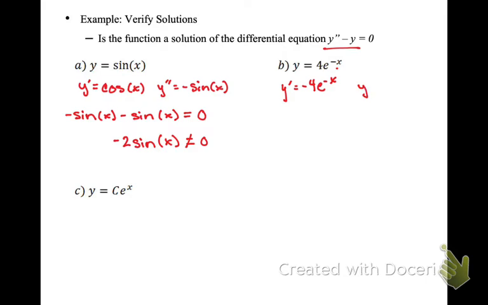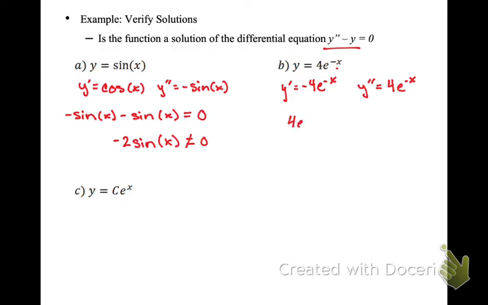So now I need the double prime. Well, negative 4 is there, right? So we're still doing the u du. So u is negative x. The derivative of negative x is negative 1. So negative 1 times negative 4 is 4. So it's 4 e to the negative x. And so now what do I do? Now you have to subtract it.